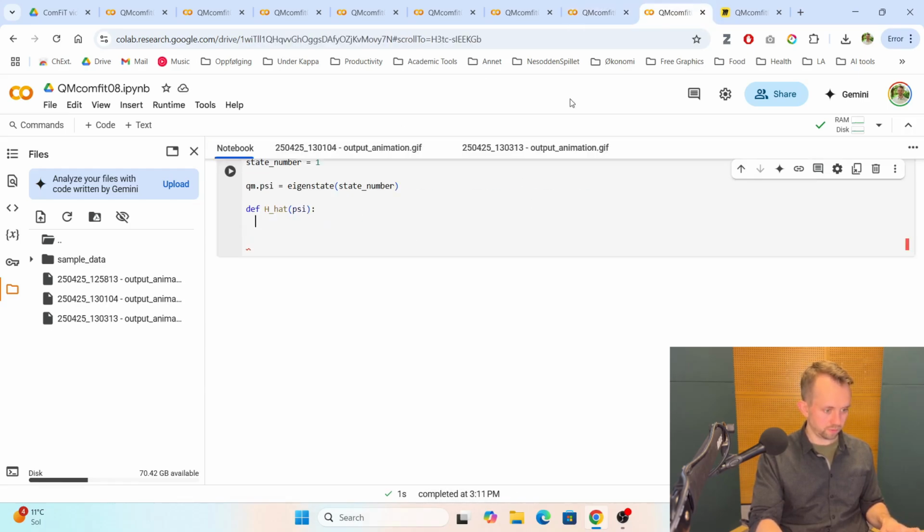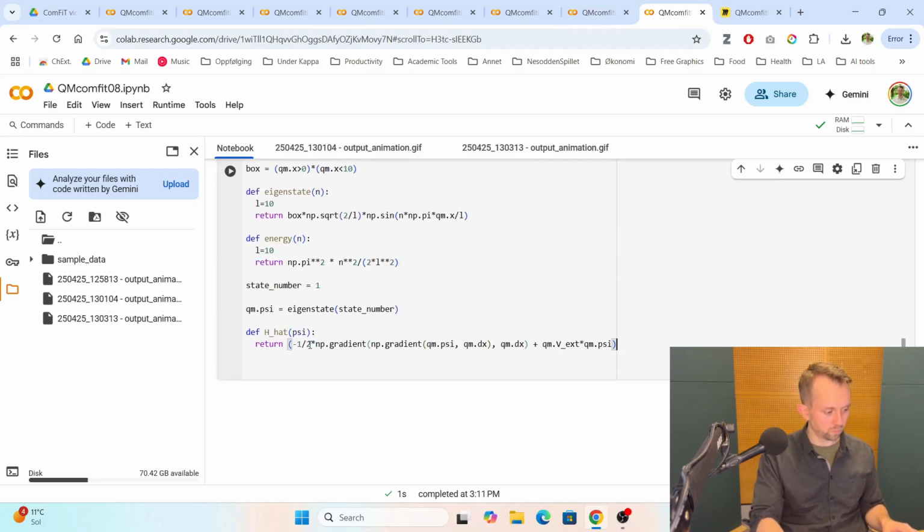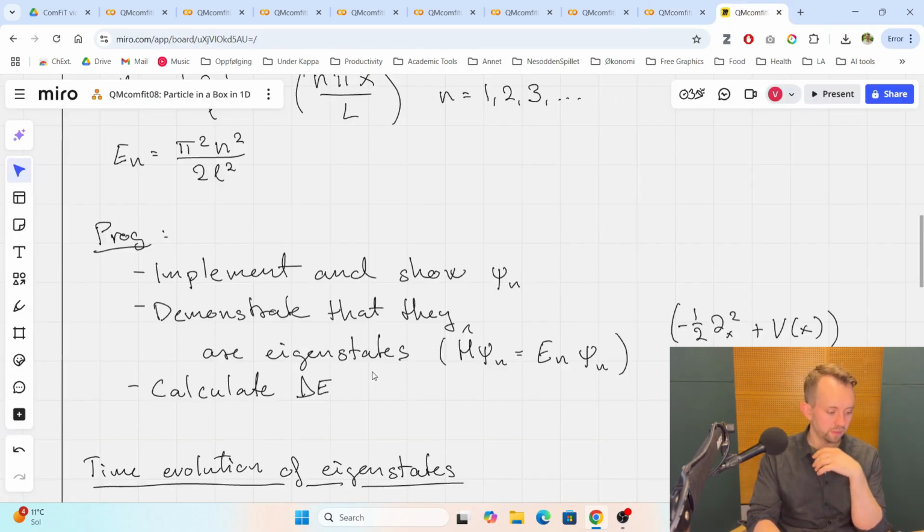So this part here, like so. And so what I want to demonstrate now is that these psi fields are actually eigenstates of the Hamiltonian operator. So what I'm saying is, if I act with H hat onto psi n, it's going to give me just the energy multiplied with psi n itself.